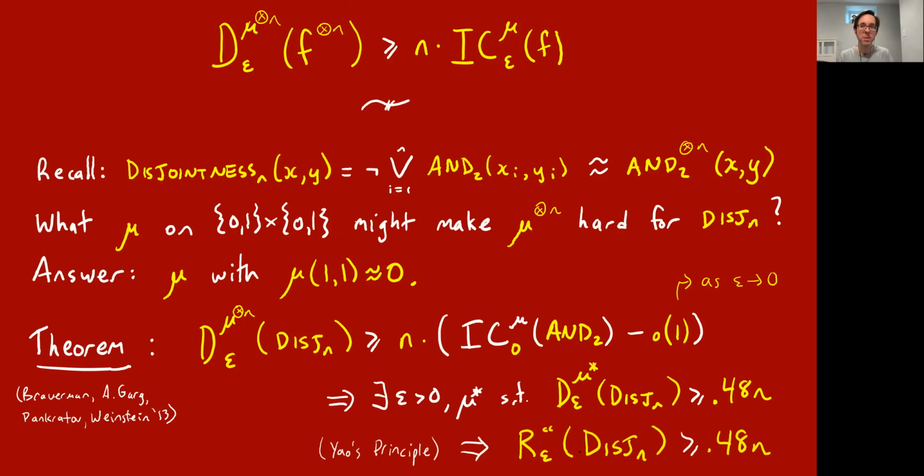And then by Yao's principle, you get that the randomized communication complexity of disjointness is at least 0.48n. That's how you can prove it. It's actually 0.482 something. It's slightly better to take a number that's slightly different than 1/3, but close enough.